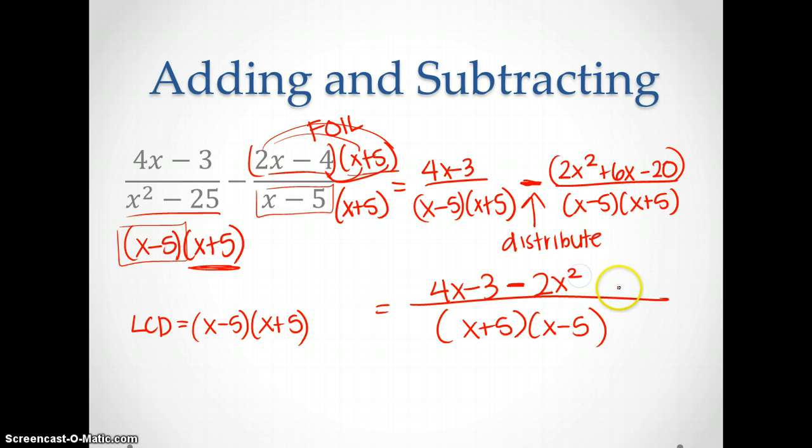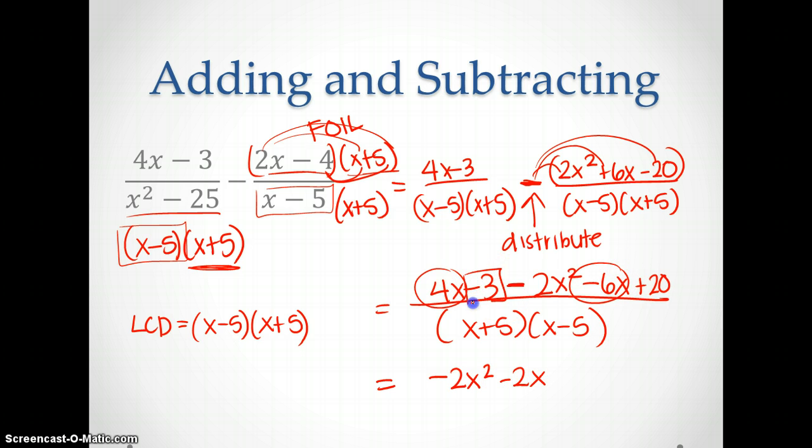So 2x squared was positive, now it's negative. 6x was positive, now it's negative. 20 was negative, now it's positive. So we're going to take that minus sign and distribute it in. Like terms, well, 2x squared doesn't have any like terms to go with. 4x minus 6x is negative 2x, and negative 3 plus 20 would be positive 17.